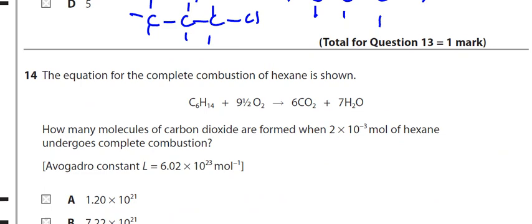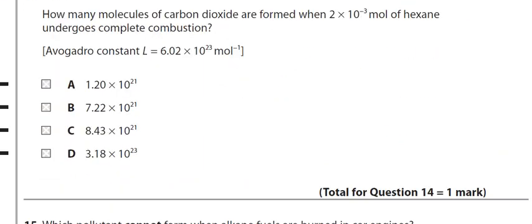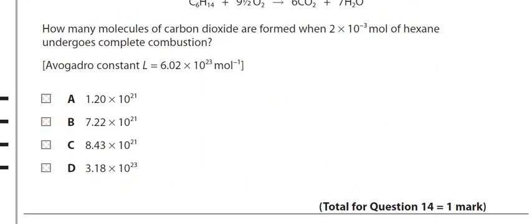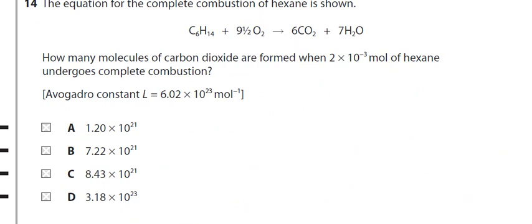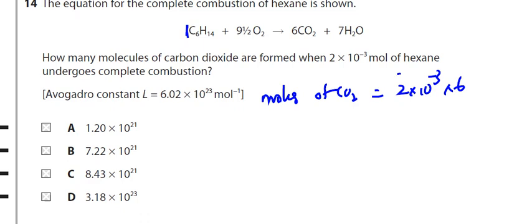The equation for the complete combustion of hexane is shown. How many molecules of carbon dioxide are formed when 2 times 10 to the power minus 3 moles of hexane undergoes complete combustion? You have to use stoichiometry first. Find the number of moles of carbon dioxide. The ratio is 1:6, so this times 6 is the number of moles of carbon dioxide.